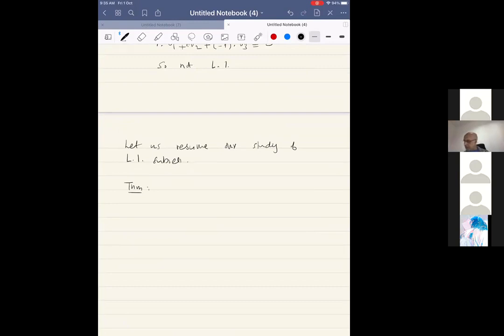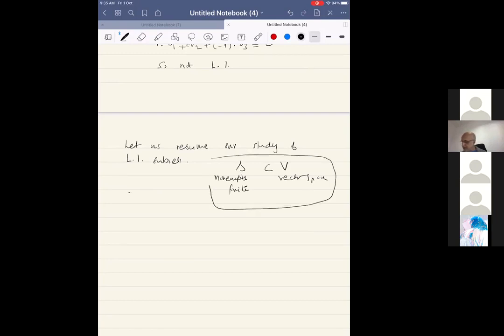So we are dealing with V a vector space and S non-empty and finite. This applies to this theorem and the next.